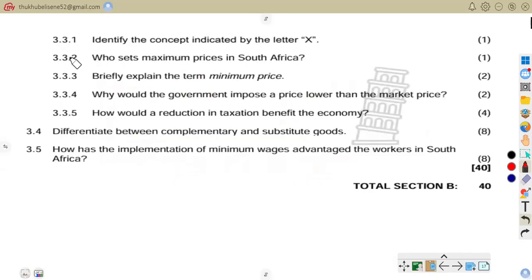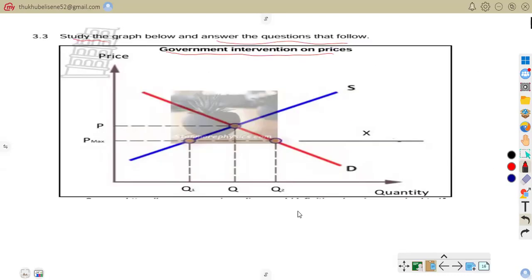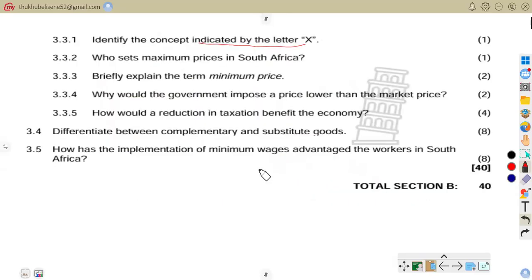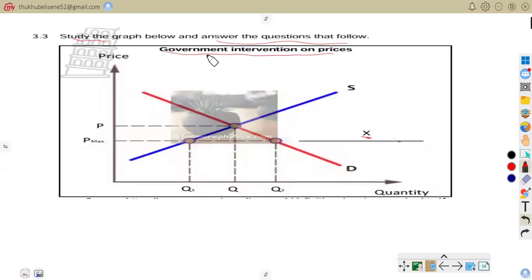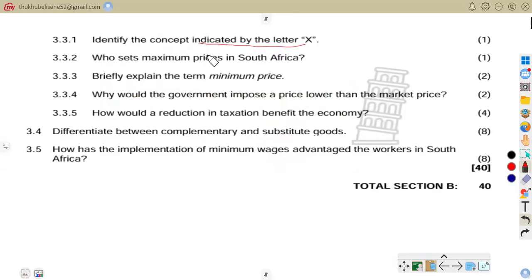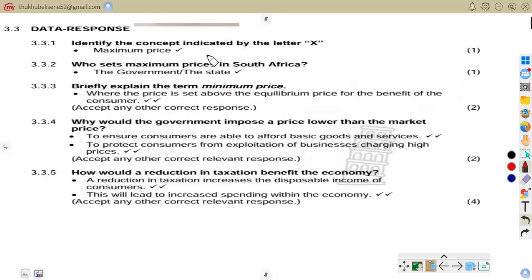3.3.1 is about identifying the concept indicated by the letter X. Letter X, we are talking about this letter. So the question wants us to identify the concept indicated by the letter X. Now let us go to the answers on 3.3.1.